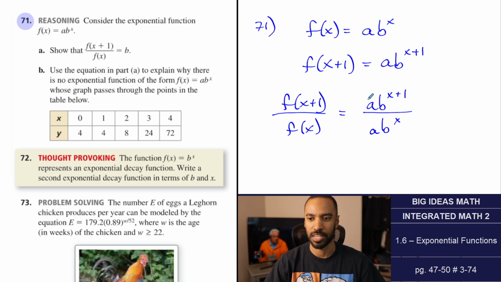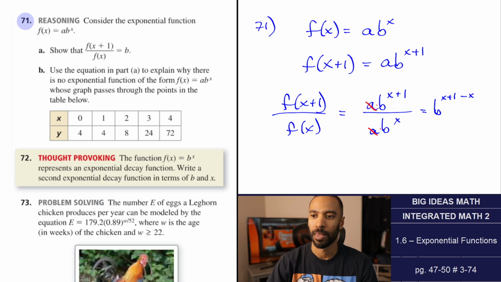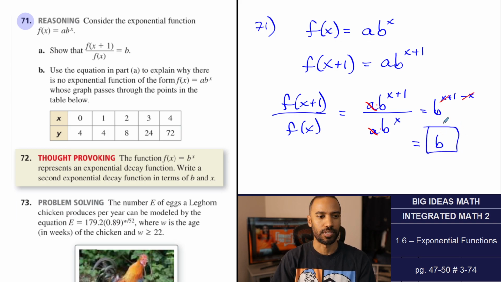Now you don't just cancel things outright like this. However, ab does mean a times b. So a over a can divide and become 1, but this portion here ends up being a subtraction of this over this. So you end up subtracting the exponents, x plus 1 minus x. X minus x is 0, and you're left with b to the first, which is b. So it does indeed show that. That should be part A.